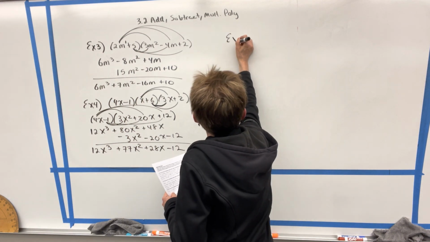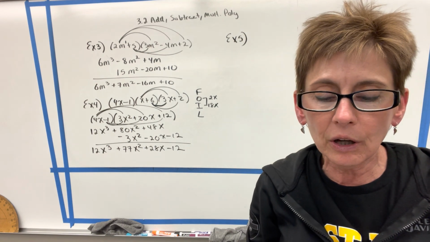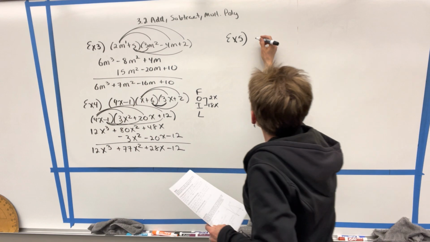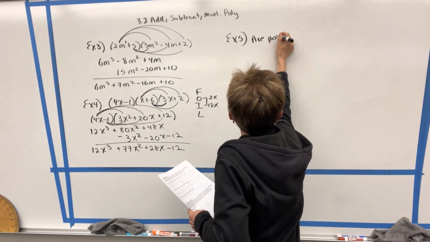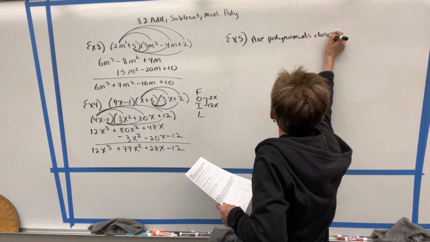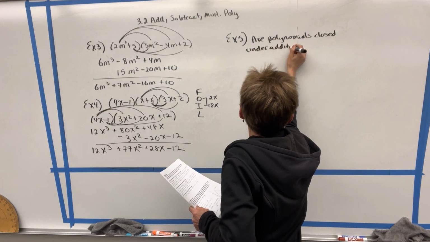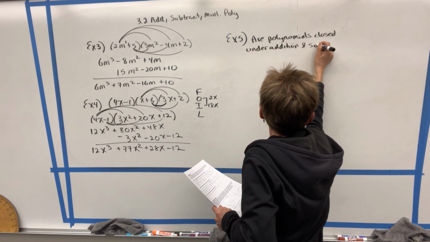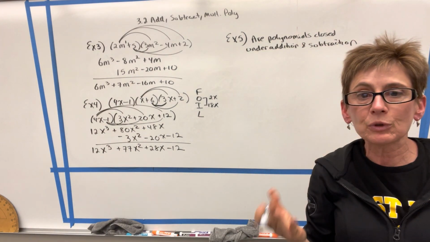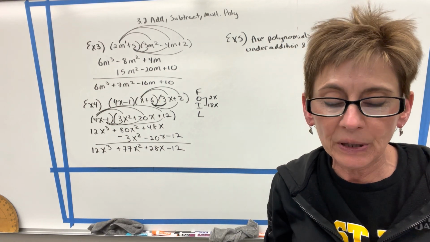Let's do example 5. The question is: is the set of polynomials closed under addition and subtraction? So when we did the addition and subtraction examples on the first polynomials, did we end up with a polynomial? And the answer is yes.